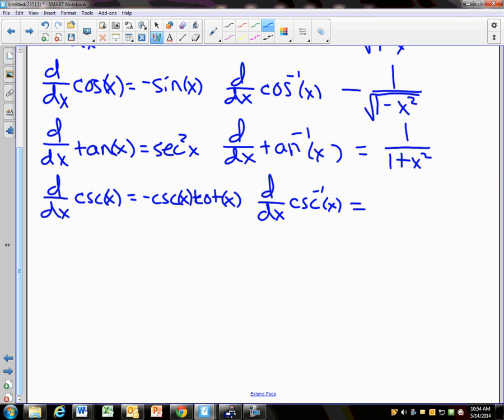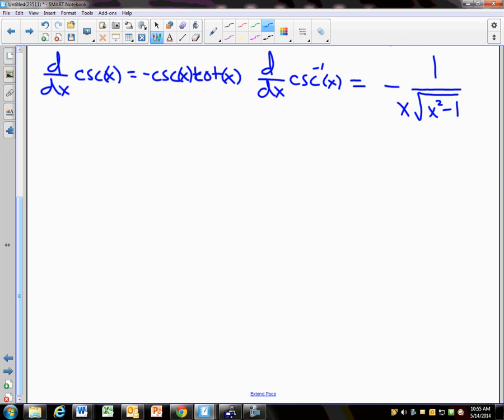The derivative of cosecant inverse is negative 1 over x times the square root of x squared minus 1. That's what it is. Yes, definitely I knew sine, cosine, and tangent. After you use them a lot, you'll know them.